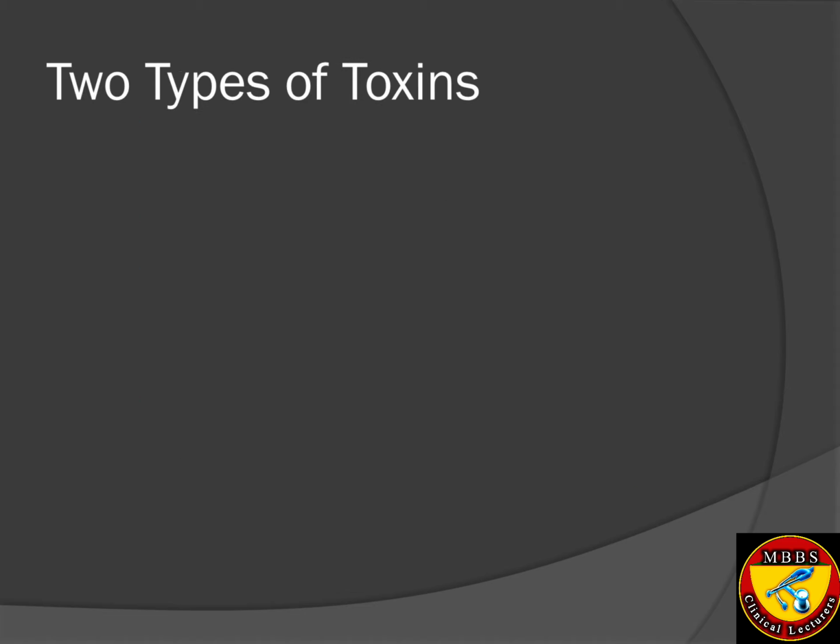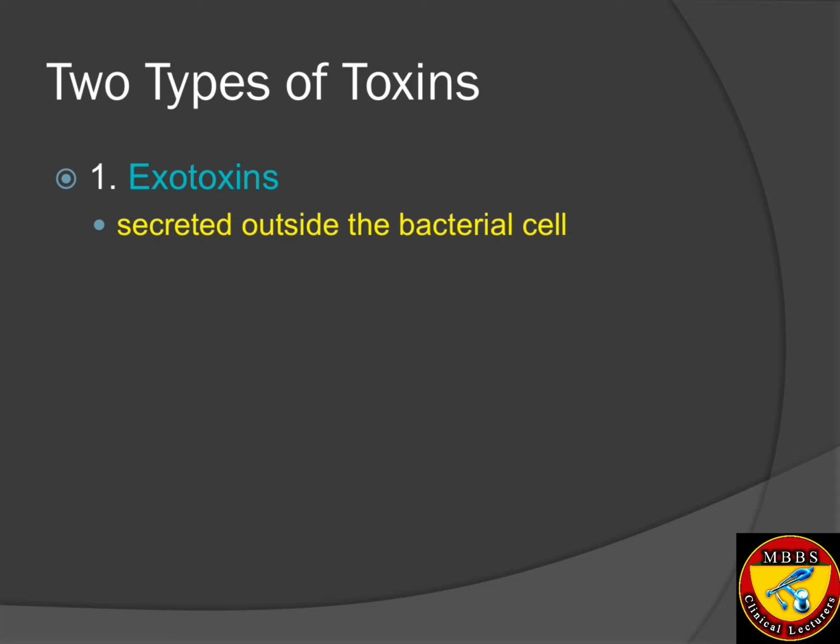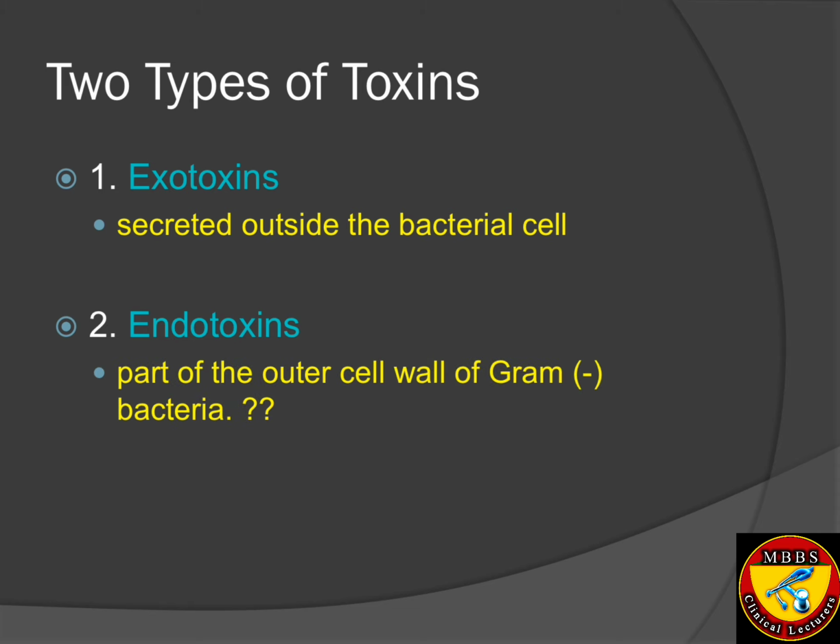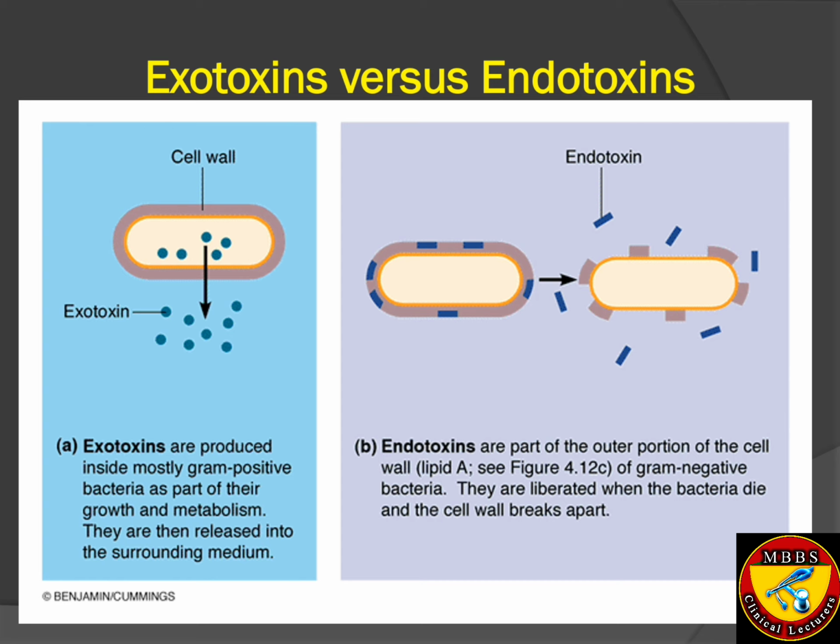Mainly toxins are of two types: exotoxins and endotoxins. Exotoxins are the ones which are secreted outside the bacterial cell, and endotoxins are part of the outer cell wall of mainly gram-negative bacteria. So these are the two main types of toxins.